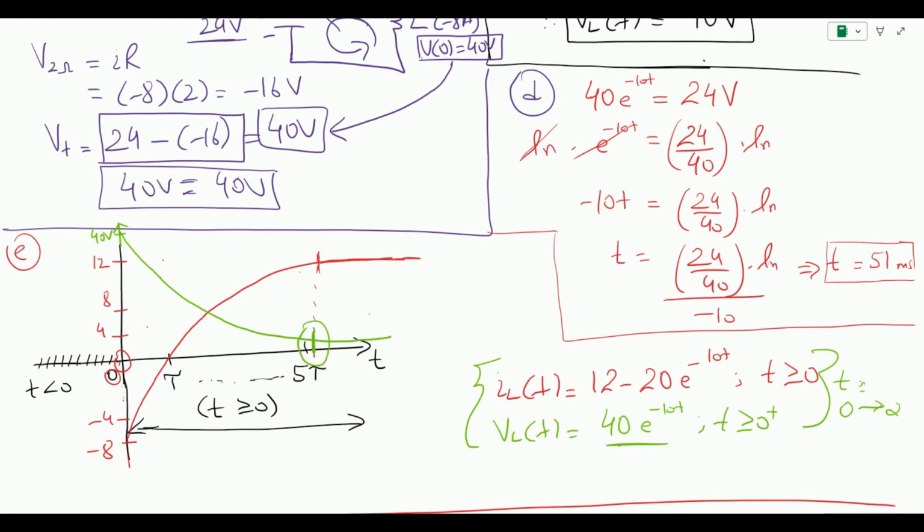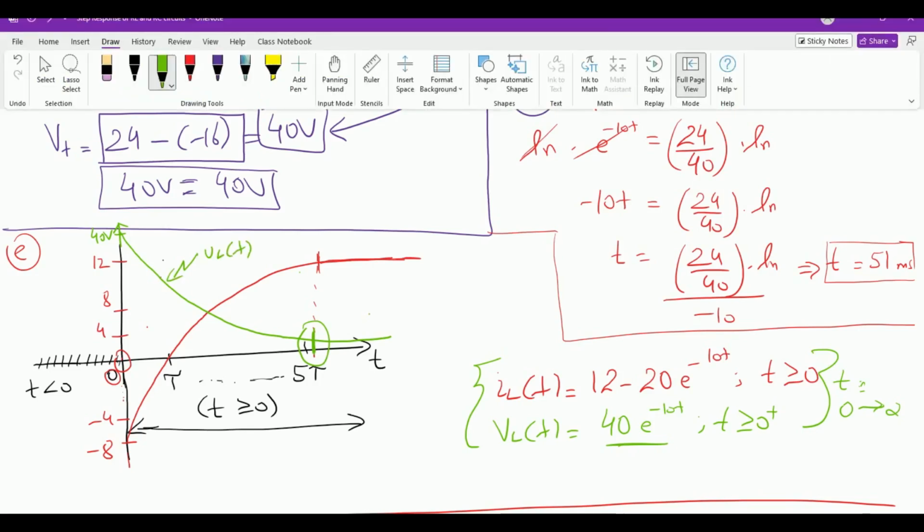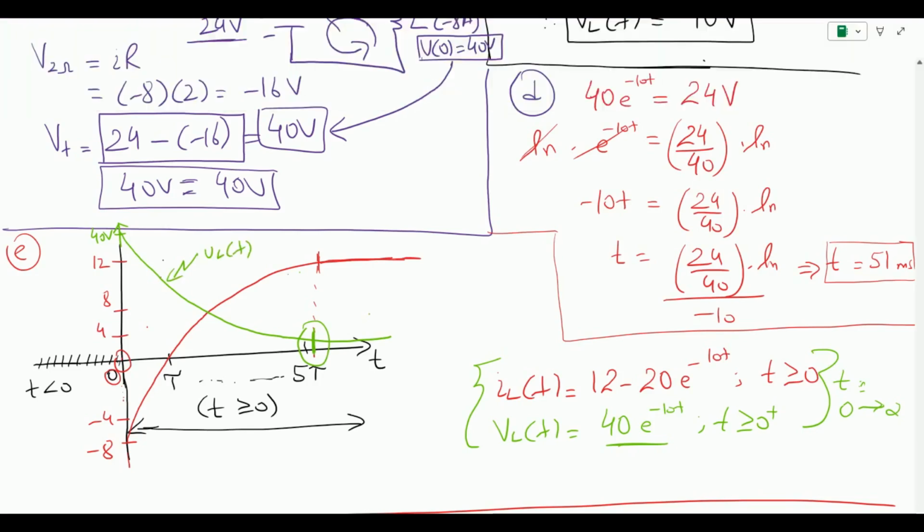So this is going to be the voltage graph. So this is for VL of t, and this is for the IL of t. So this is the plot or a comparison between voltage and current, and we can see that the voltage is leading the current in this scenario. And thus this concludes our today's lecture on step response of RL and RC circuit.